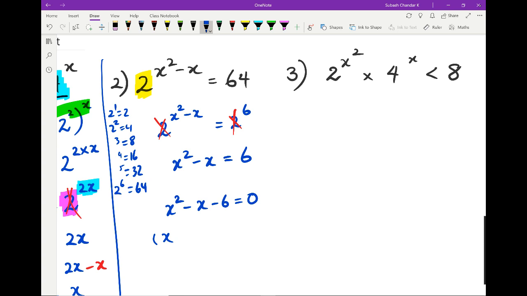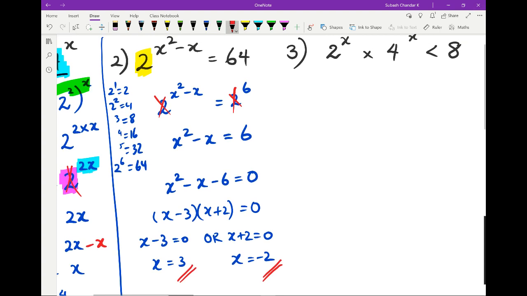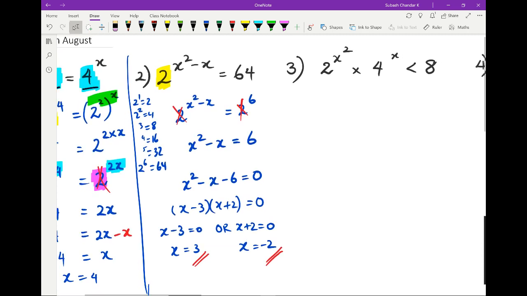So we're going to get x minus 3 and x plus 2 equals 0. At this point, we can just say x minus 3 is equal to 0, or x plus 2 equals 0. So rearranging this, we're going to get x is equal to 3, and then x is equal to -2. So those are our two answers for this particular question here.